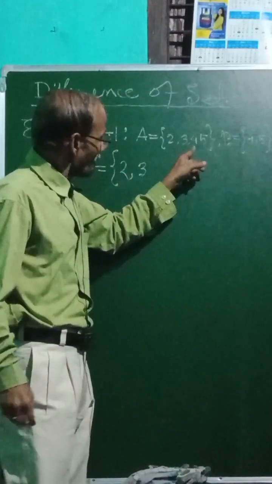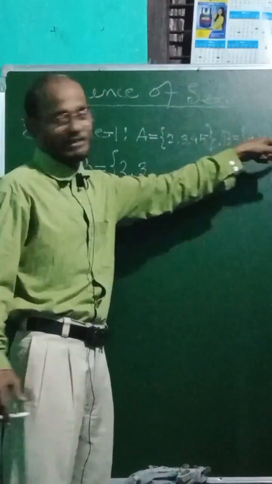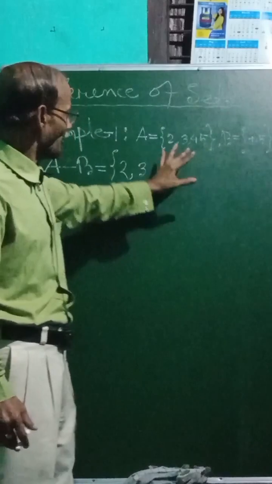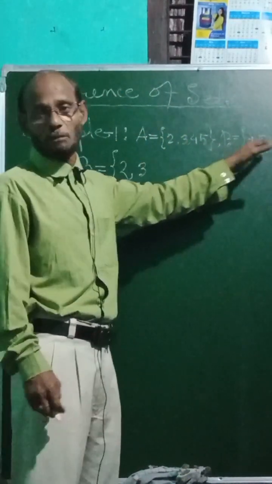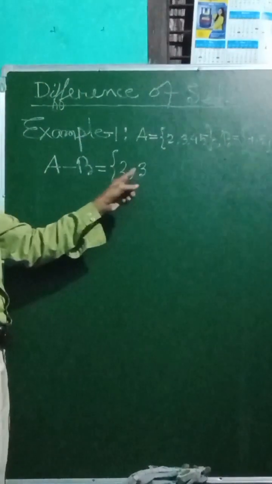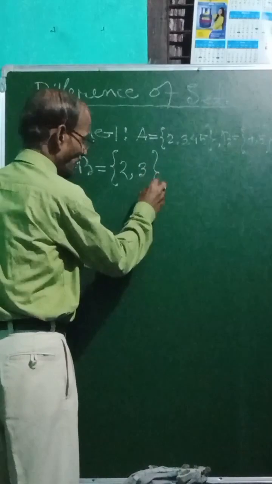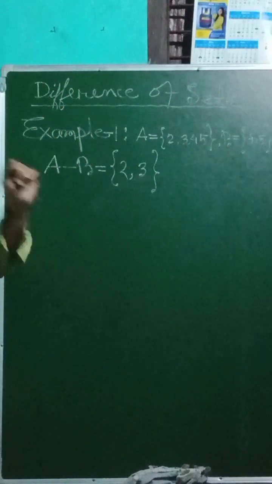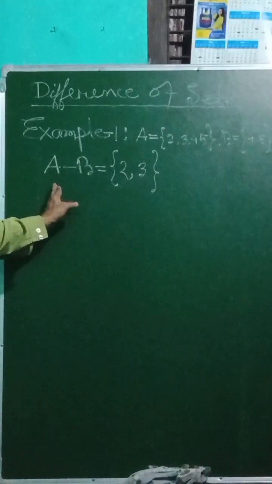Then see 4 is there, cancel, don't take. 5 is there, cancel, because by definition only those elements present in A but not in B are in the set A minus B. So this is the result, and we observe that a subset has been subtracted from its superset.